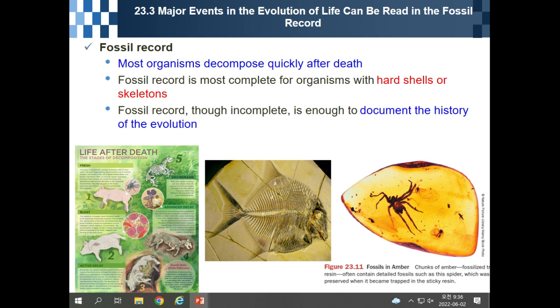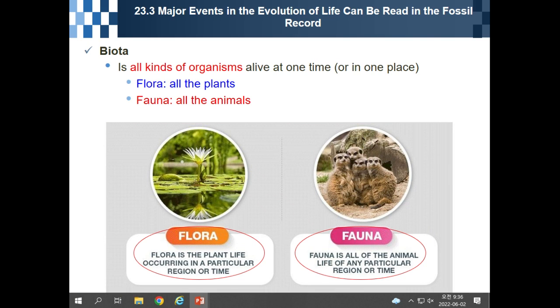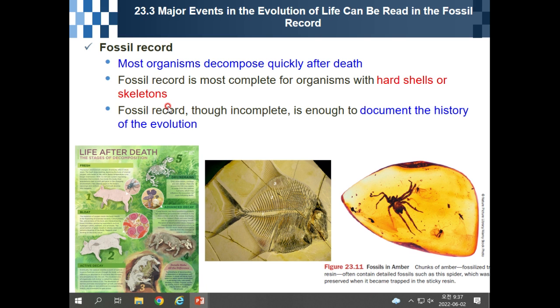So now we will see the fossil record. In the fossil record we can see the biota, the flora, and the fauna.